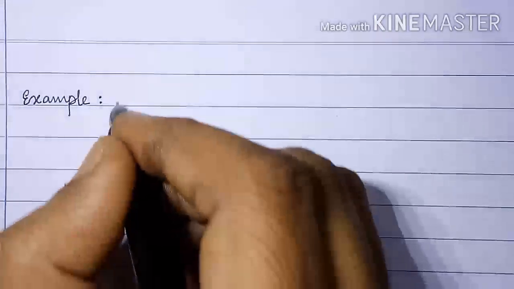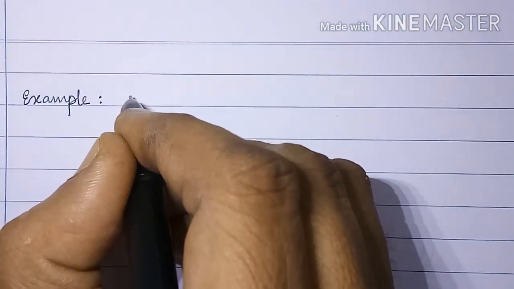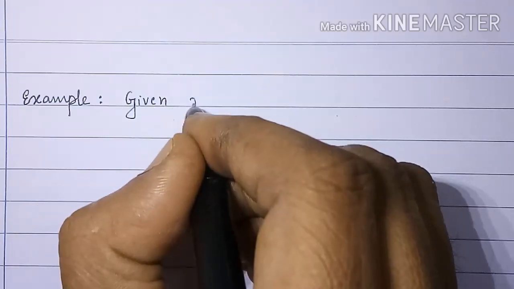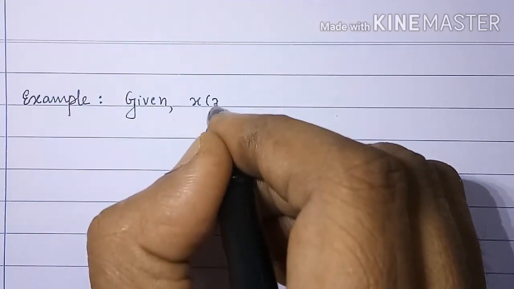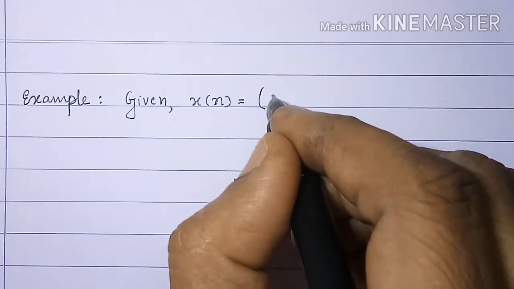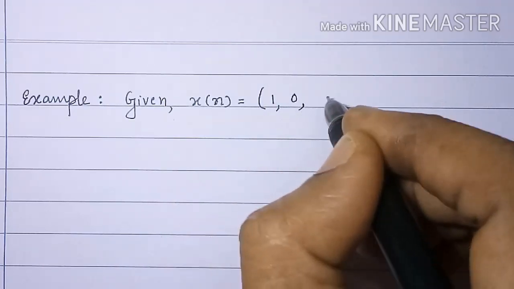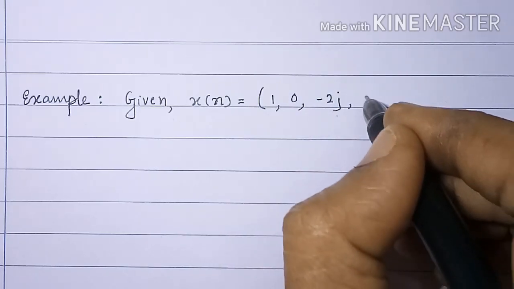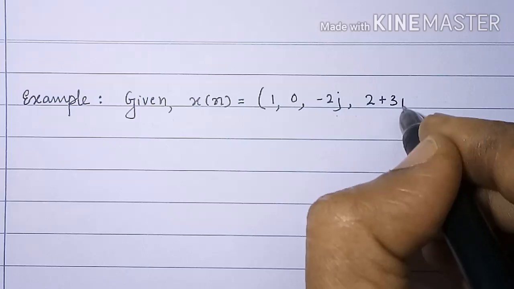Example: given x of n equal to 1, 0, minus 2j, 2 plus 3j.